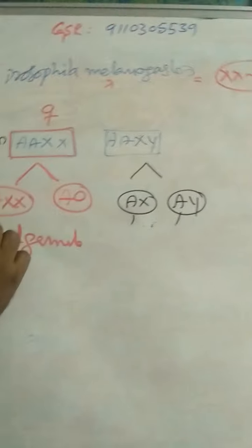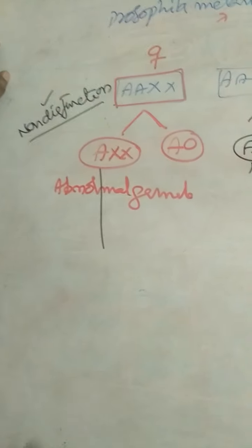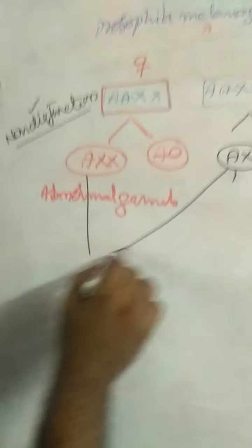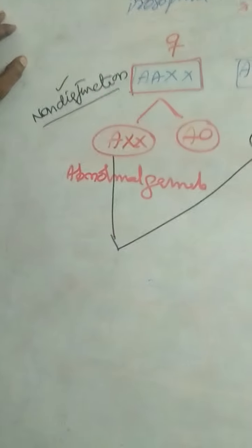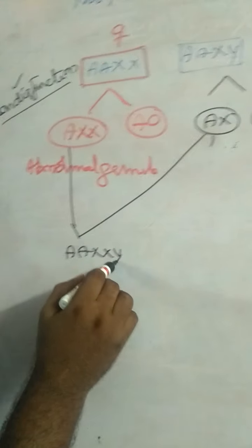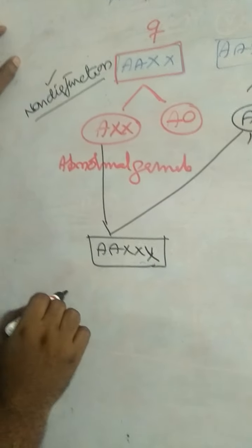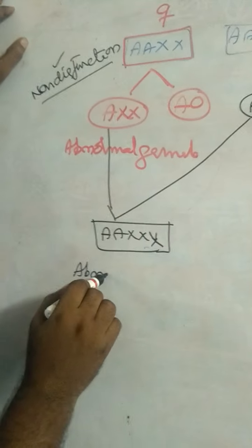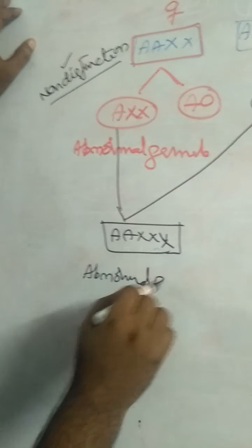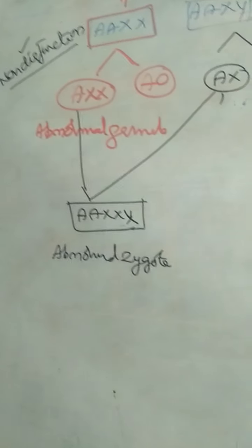If the abnormal gamete fertilizes with the normal gamete, the result is 2 autosomes, X, X and X, 3 X chromosomes. This is an abnormal zygote.